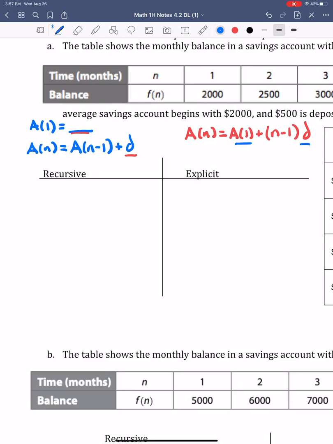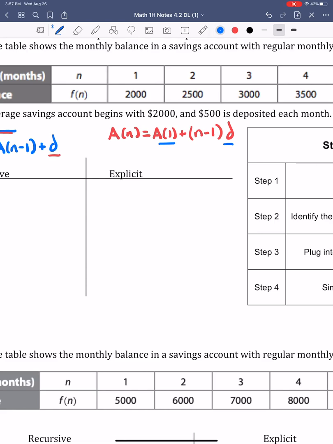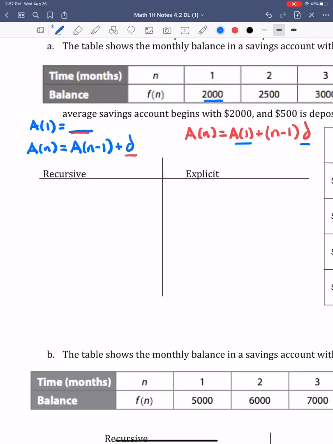So A1, if we're looking at our table here, remember we're looking at the outputs, the range. So A1 for this one is going to be 2000. That's the first term in my sequence. So I'm going to write A1 equals 2000. And then the other stuff I have to fill in looks like this. AN equals AN minus 1 plus whatever the common difference is.